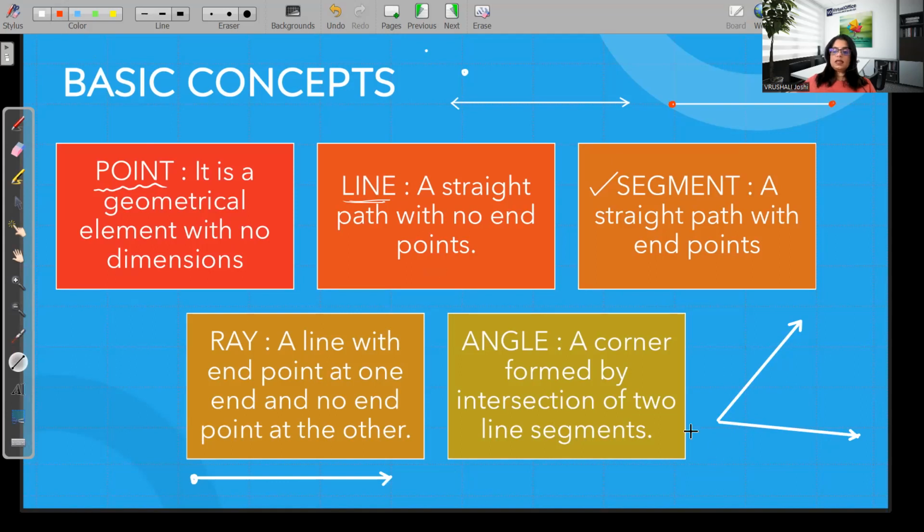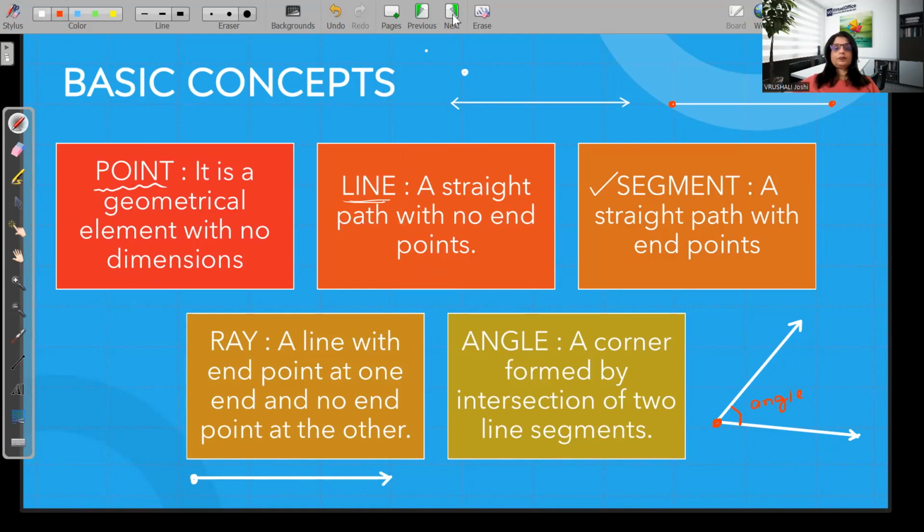They both are meeting at one point, this point. This part is called an angle. You will measure it as 30 degree, 40 degree, 45 degree, 60 degree, 70 degree, 90 degree, more than 90 degree, less than 90 degree, everything. So these are the basic concepts before we go ahead in the chapter.